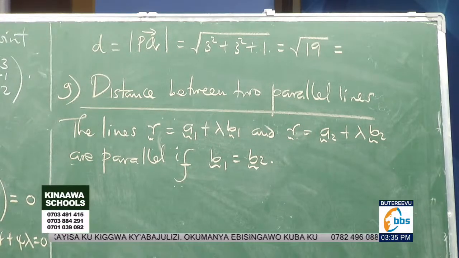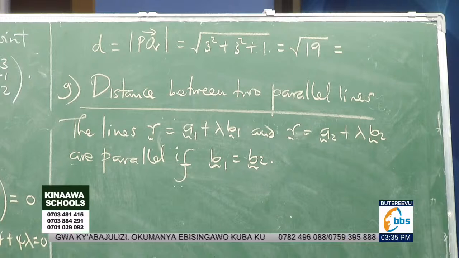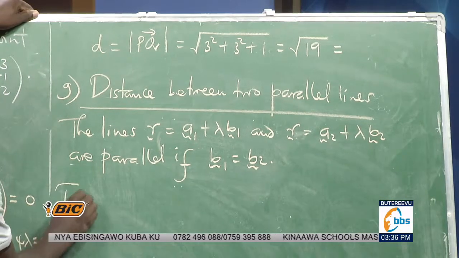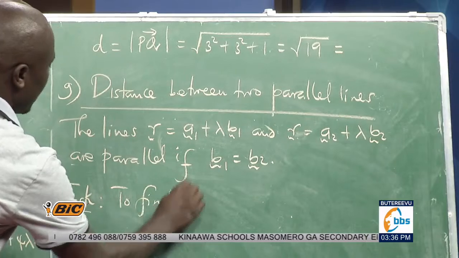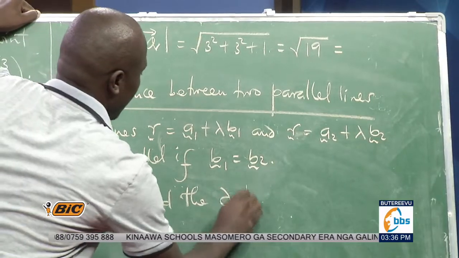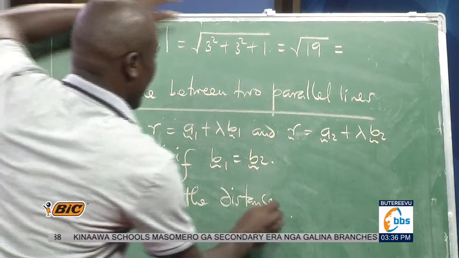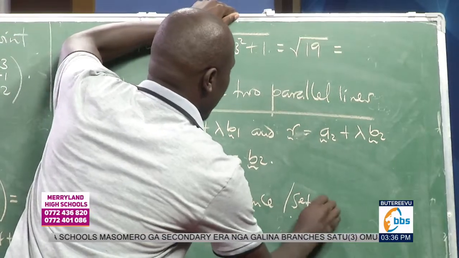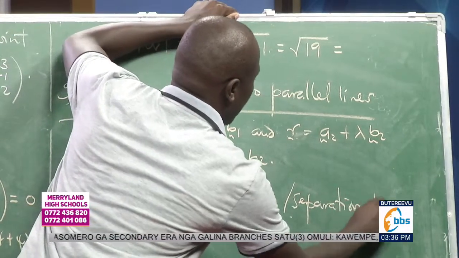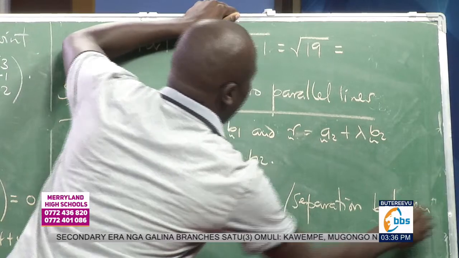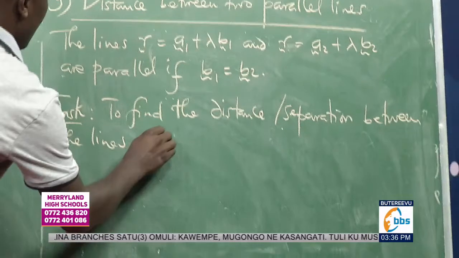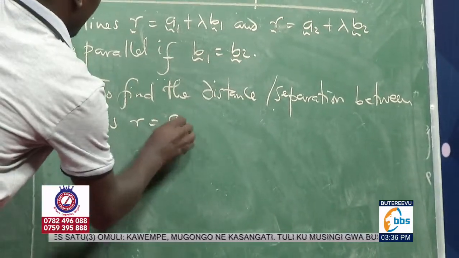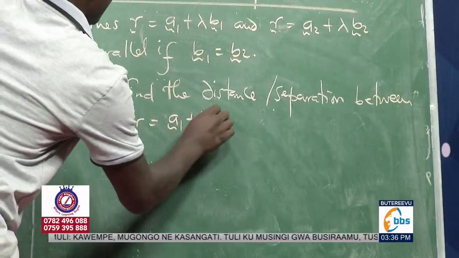And so how do we find the distance, or what we call the separation, between the two lines? So the task is to find the distance, sometimes we can call it the separation, between the lines r equals a1 plus lambda b and r equals a2 plus mu b.